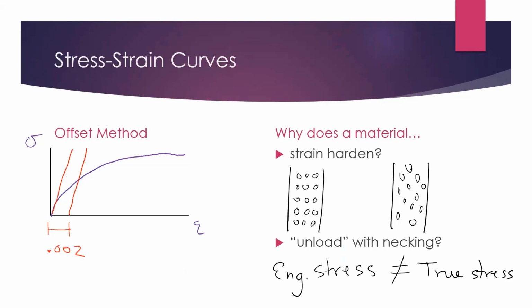So you start at 0.002 and then you go with a slope equal to the initial slope, and where that intersects with the curve is what you would say is your yield stress. And I probably drew it farther to the right than would be realistic for this curve, but the point still applies.